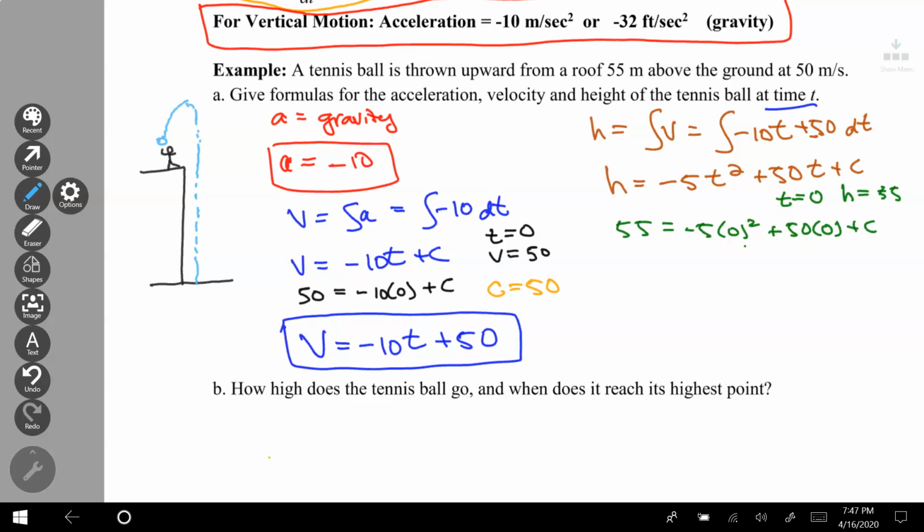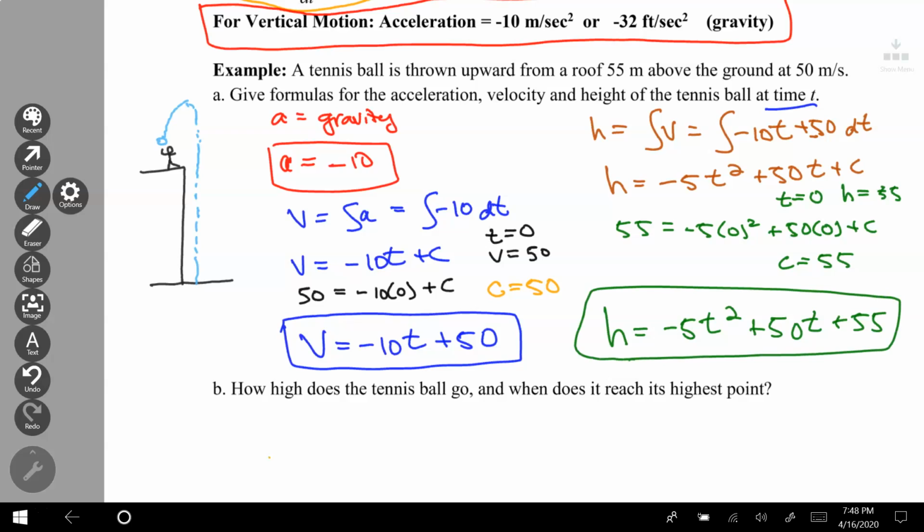And then obviously those are 0, so you get c equals 55. So my height equation is going to be -5t squared plus 50t plus 55. So now I have all three equations. I'm going to use those to solve the rest of the problem.